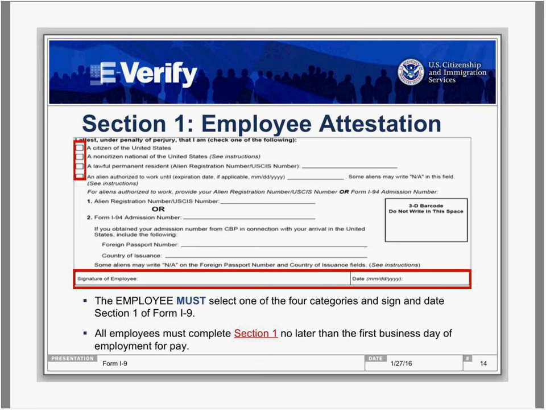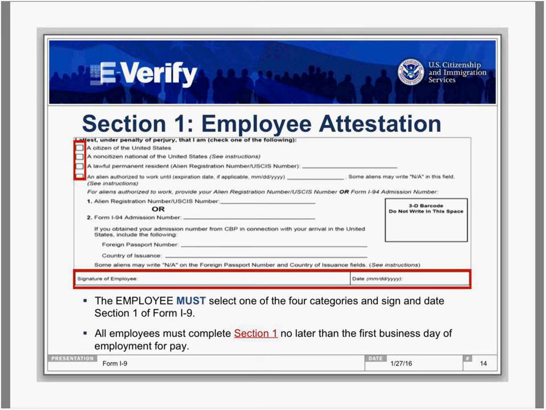Several of you might say, well, whoa, I thought we had 3 days to complete the I-9. I'll talk about Section 2 here in a second, but we're talking about Section 1, which is completed by the employee. So the employee needs to complete Section 1 no later than the first day they start working for pay. Now, this question: what's the earliest that you can complete an I-9 on an employee?